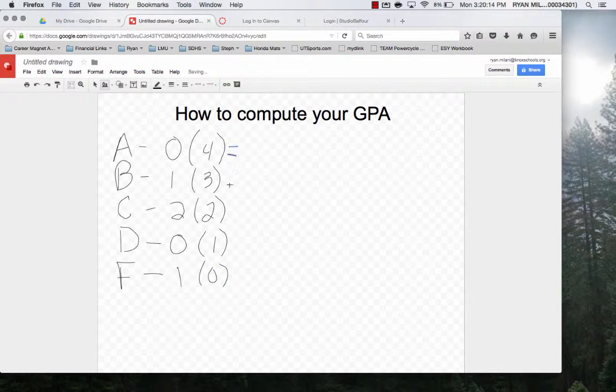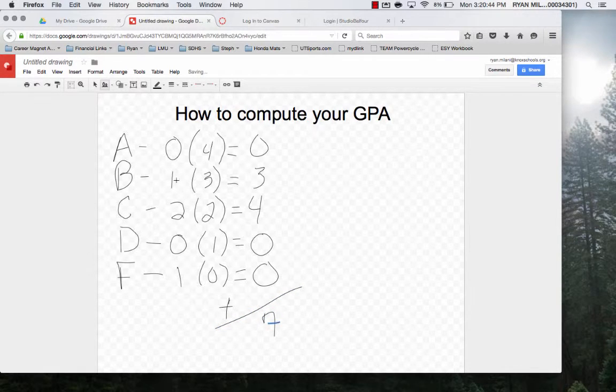So I'm going to multiply these two numbers. There's a reason I put my worth in parentheses. So 0 times 4 is 0. 1 times 3 is 3. 2 times 2 is 4. 0 times 1 is 0. And 1 times 0 is 0. Now I'm going to add all these together. So 3 plus 4 is 7.